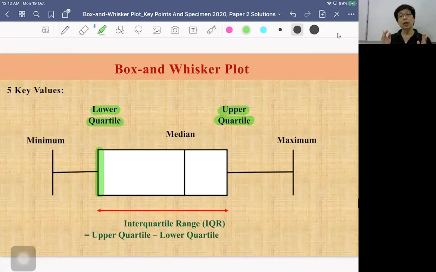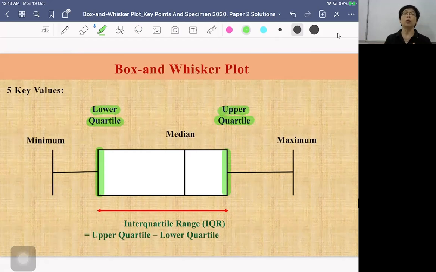The upper quartile is at the top end of the box, which is nearer to the maximum. The lower and upper are quite straightforward, so easy to remember. The name quartile itself gives you an easy way to remember, as it is connected to quarter.